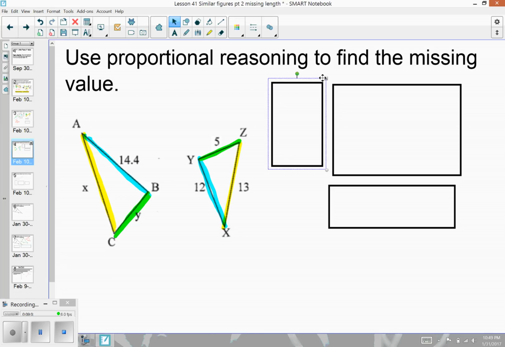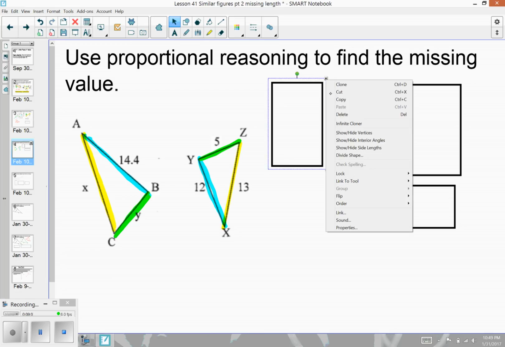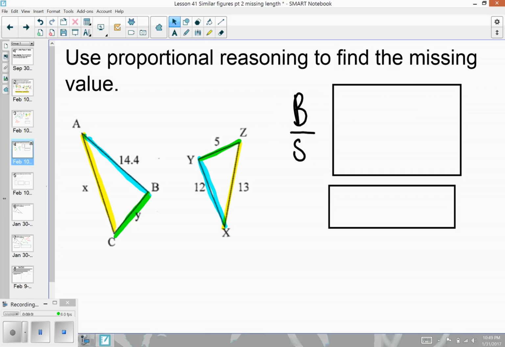Okay, so again, what are we comparing? That's right, we're comparing our big to our small shape. So this is our big guy, and this would be our small shape. I did not turn this second shape around, but I'm hoping that because we color coded the sides it will make sense to you.